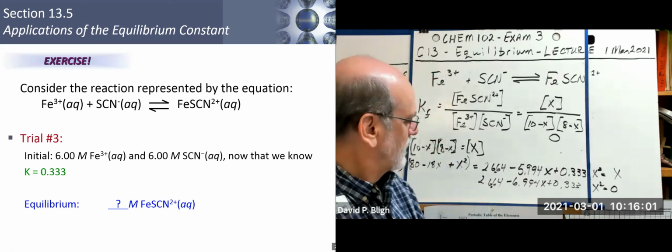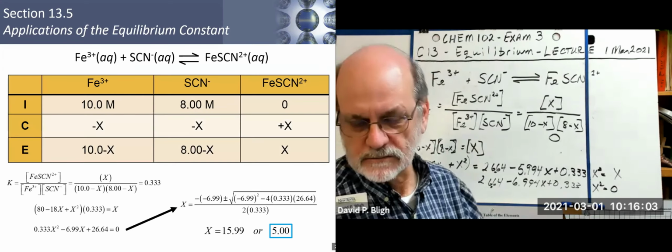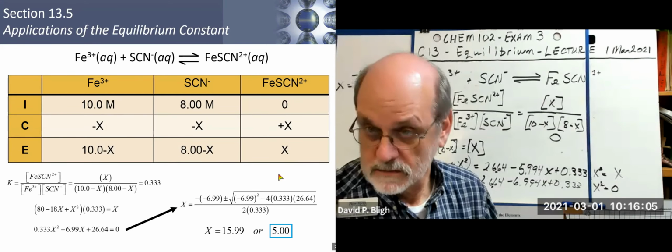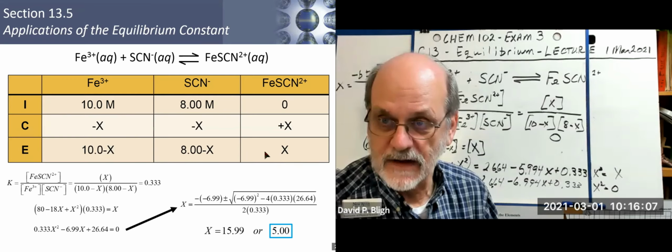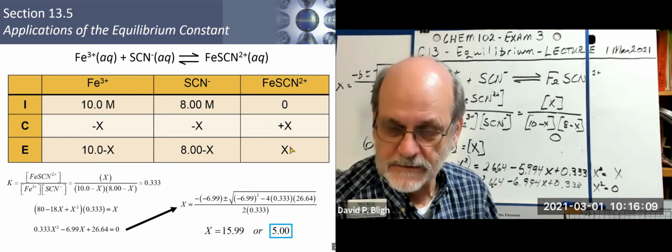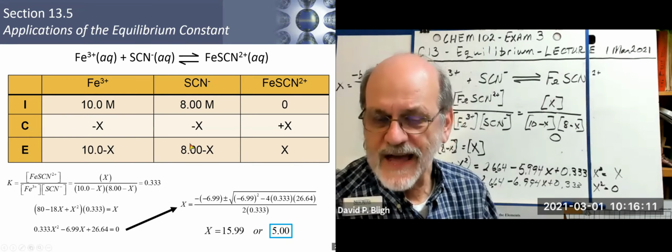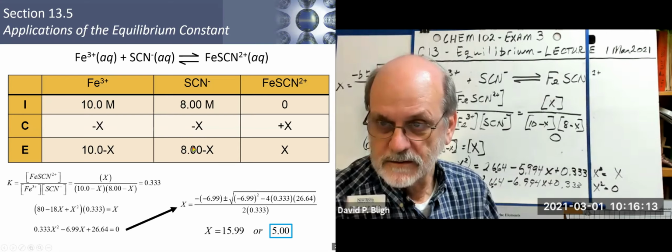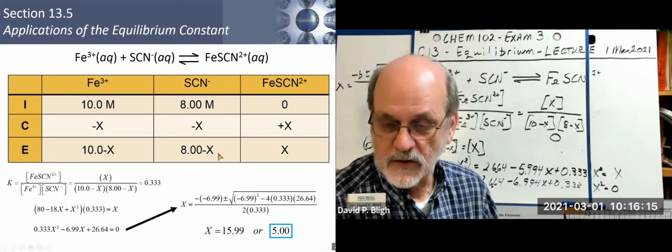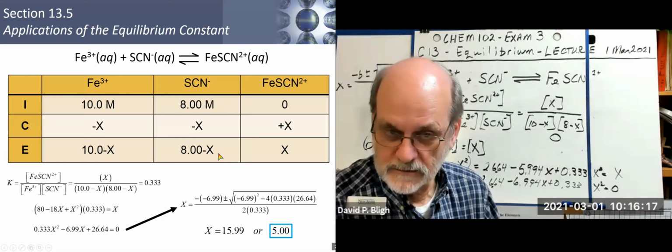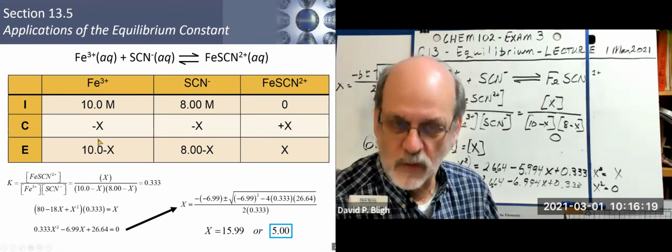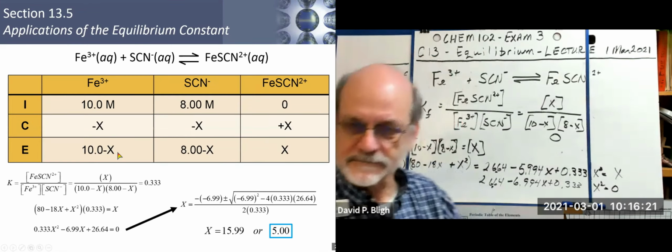5 molar. Now, what's left over? Well, you have 5 molar of the iron thiocyanate complex. Then the thiocyanate that's left over, right, is 1-to-1-to-1. So it has 3 molar left over. And this one has 5 molar left over of iron.